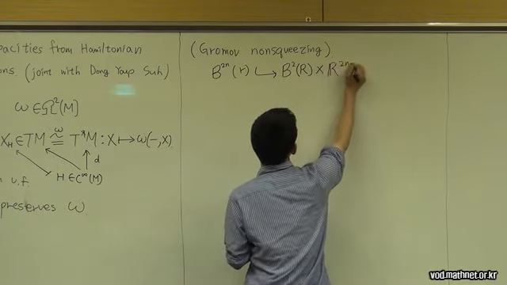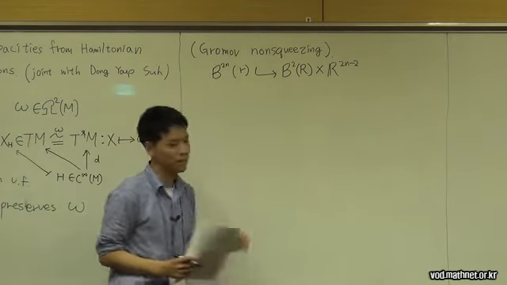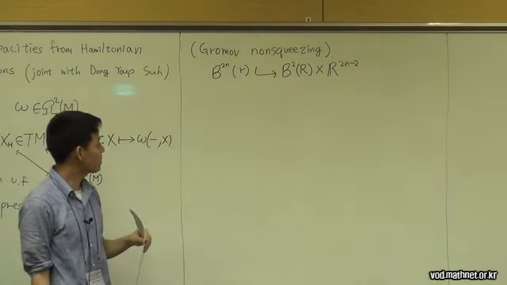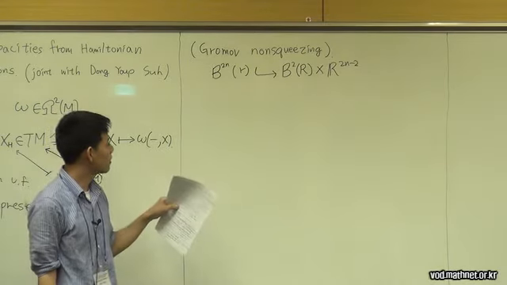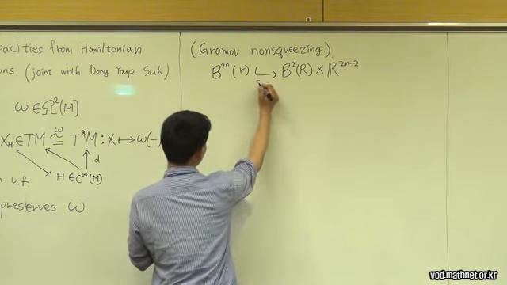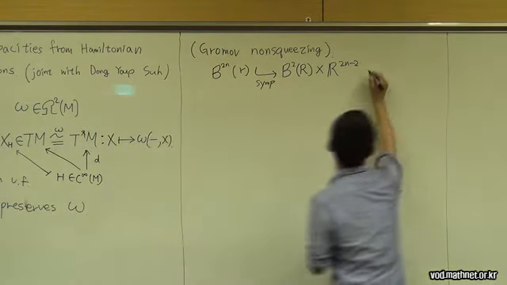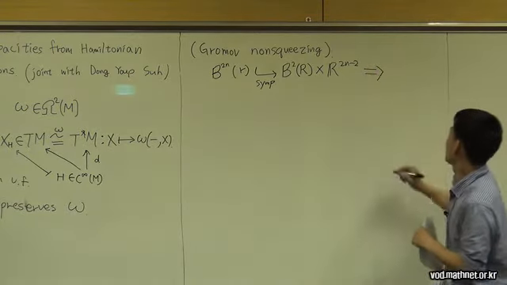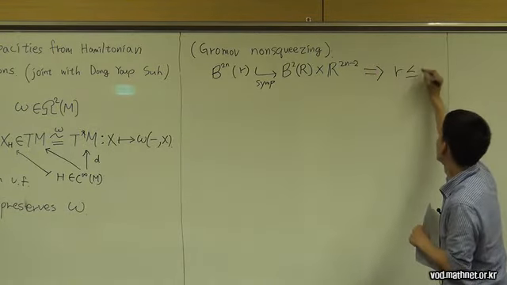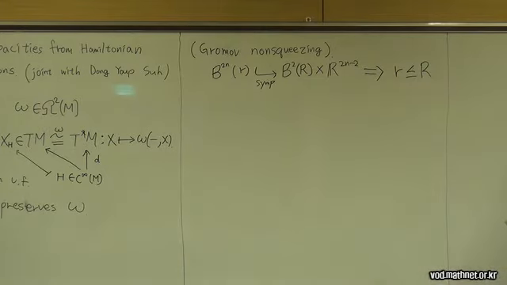The volume on the left-hand side is finite, and the volume on the right-hand side is infinite. So we can always embed this, preserving the volume. But if we want to embed this, preserving the symplectic form, then we should have that the small r is not greater than the capital R.